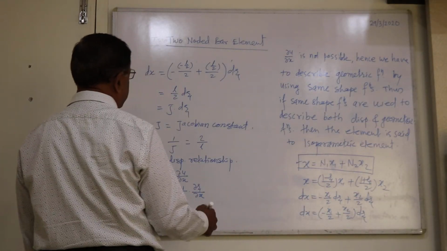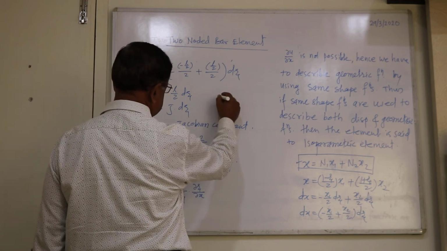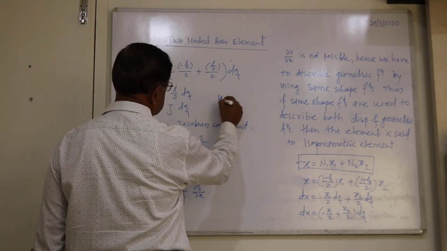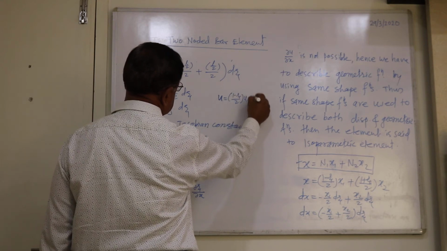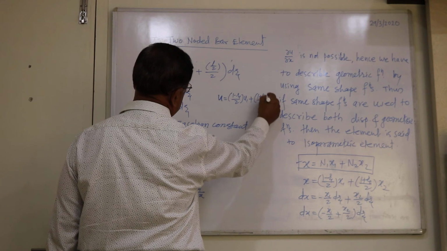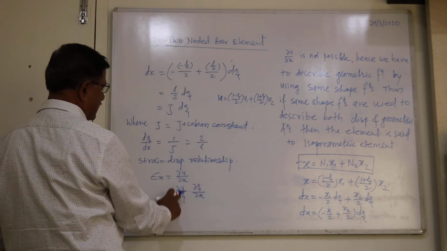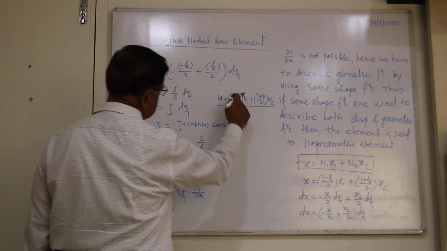Now we have, what is u? u is 1 minus xi upon 2 u1 plus 1 plus xi upon 2 u2. Now ∂u/∂xi is possible here.